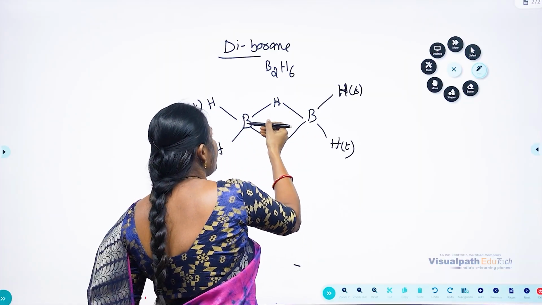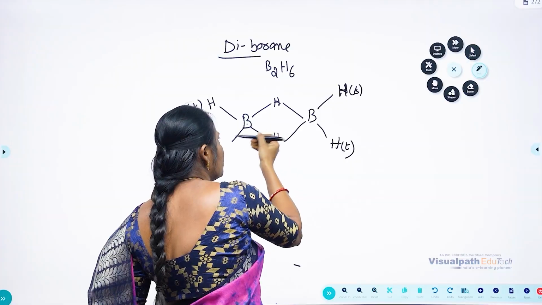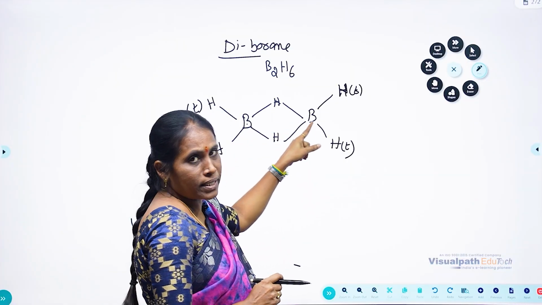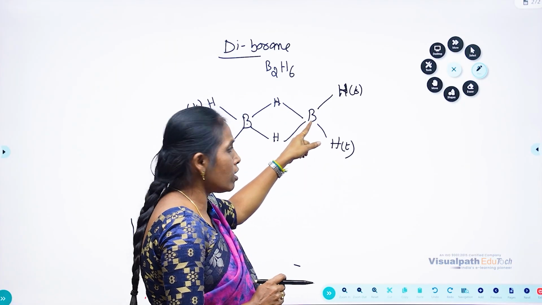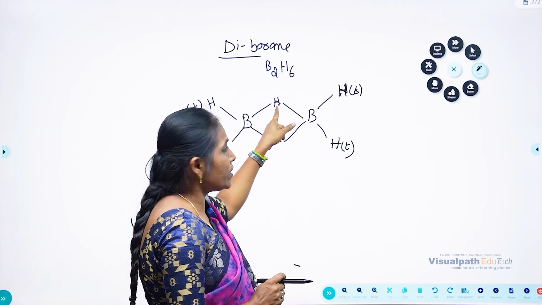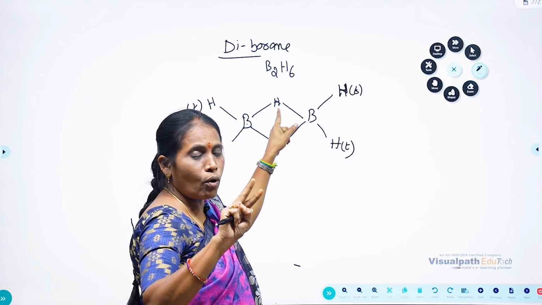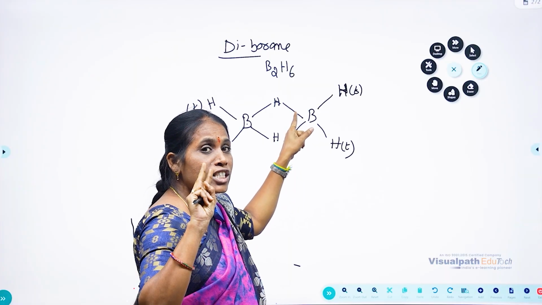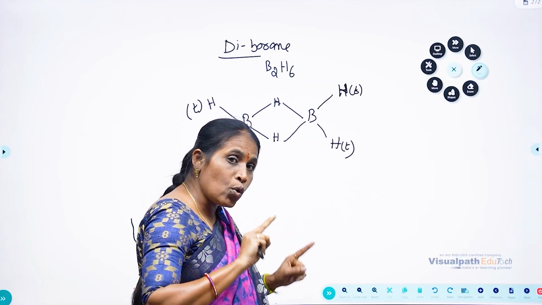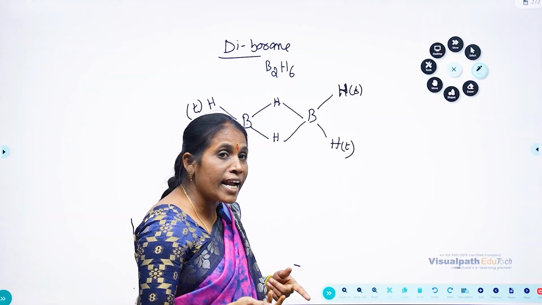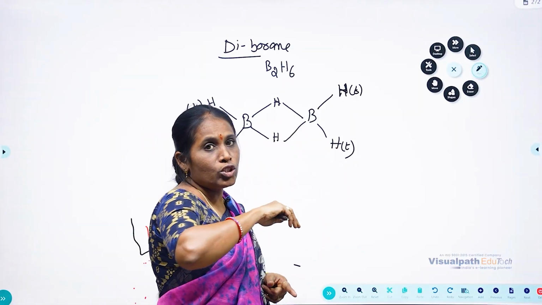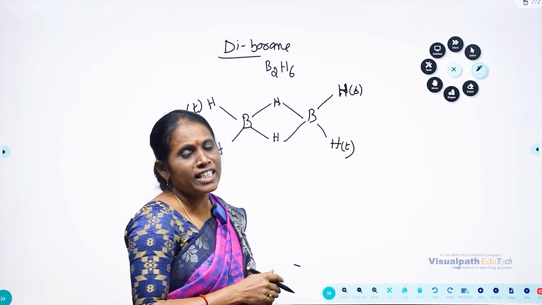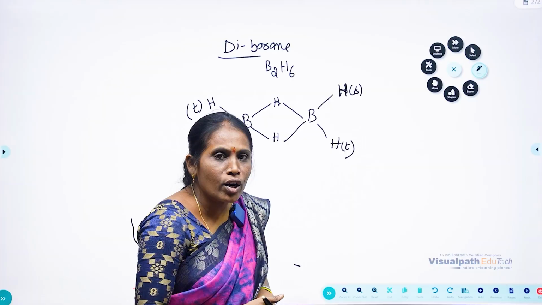In each BHB bond there are 3 elements: 2 borons and 1 hydrogen. But there are only 2 electrons, which means 2 electrons are shared among 3 elements. That is why it shows a banana shape or tau shaped bond. So it is also known as a banana bond or tau bond.